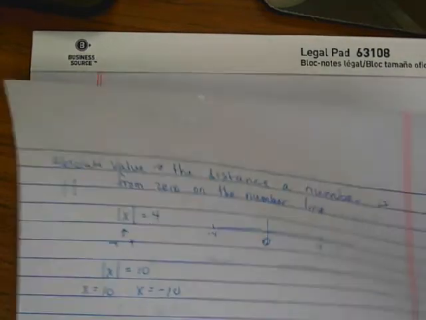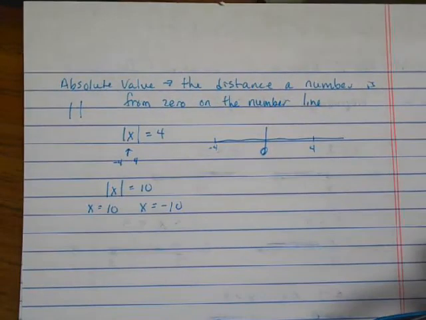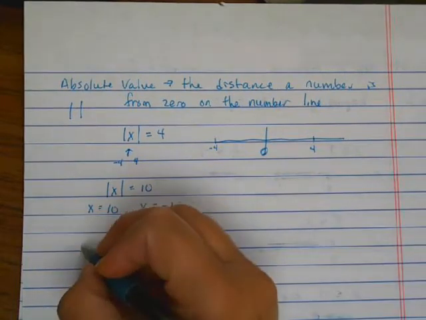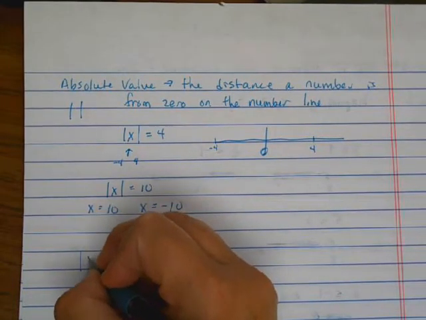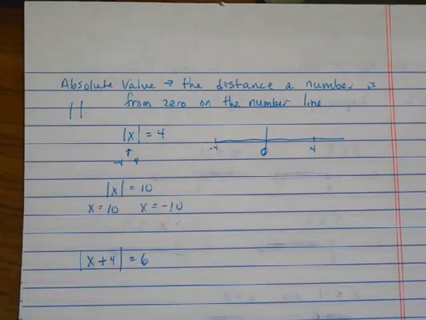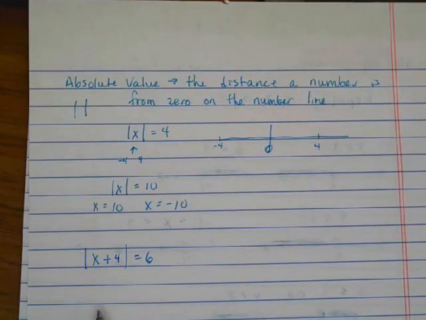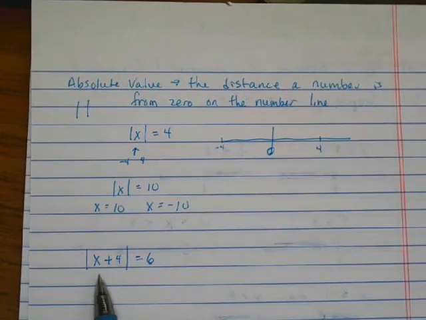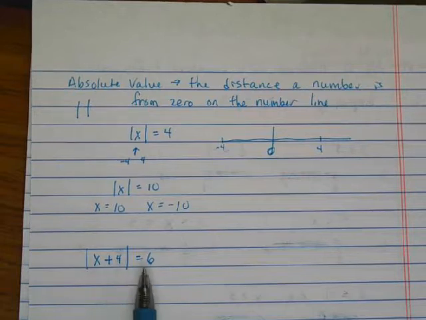So let's go ahead and move along then, and let's put an expression inside. So let's do absolute value of x plus 4 equals 6. So I know that whatever's inside these absolute value bars is going to give a result of 6 when you take the absolute value of it.